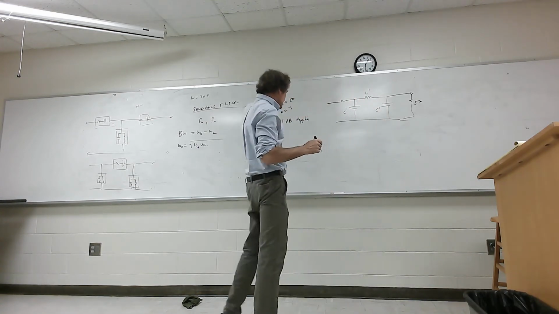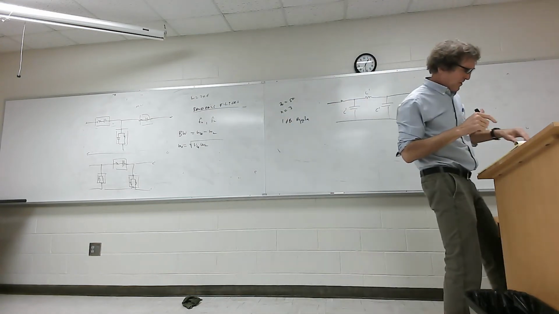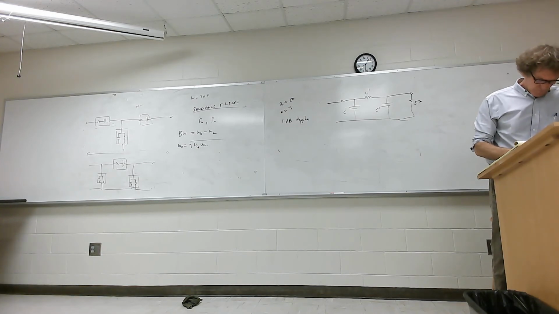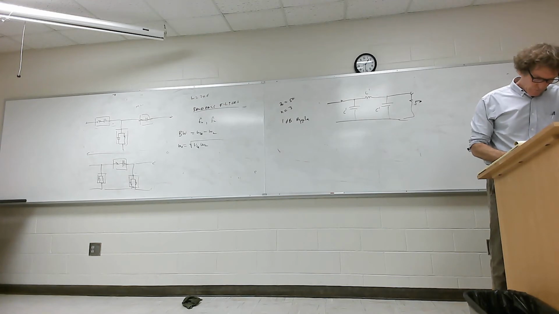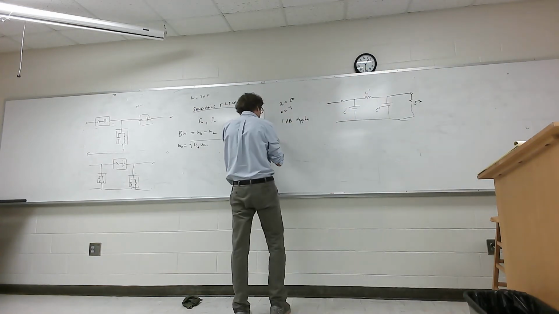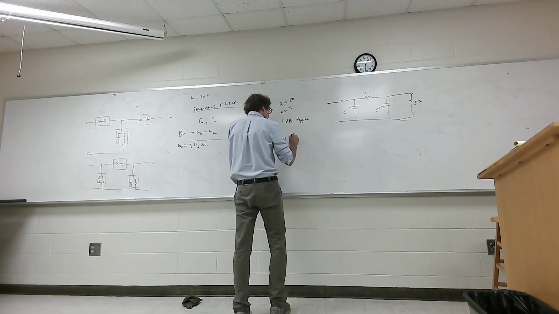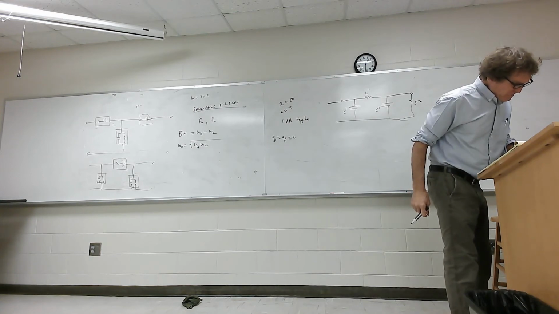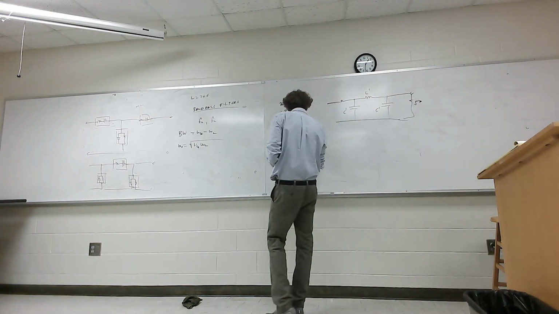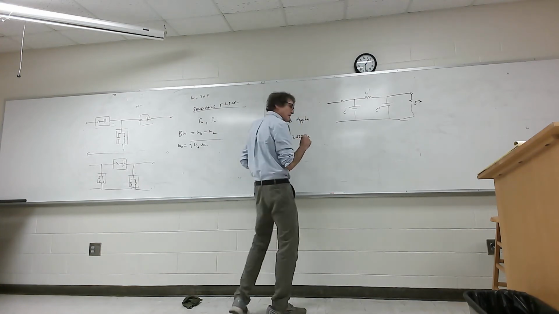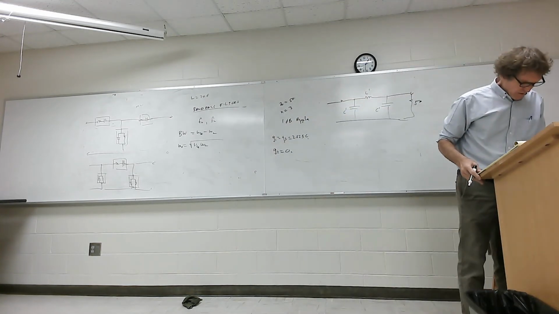First of all, since this is 1 dB of ripple, I can look this thing up. So I get 2.0236 and 0.9941. So G1 equals G3 equals 2.0236, and G2 is equal to 0.9941.